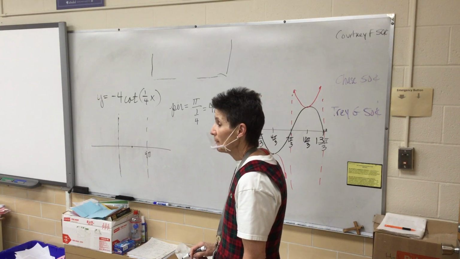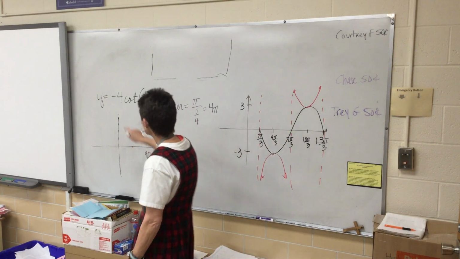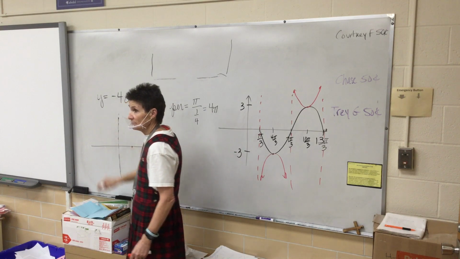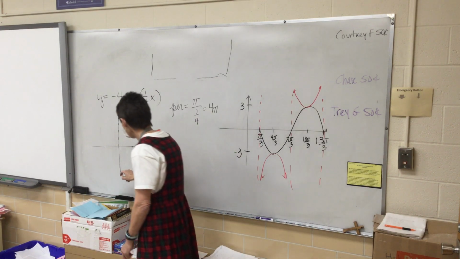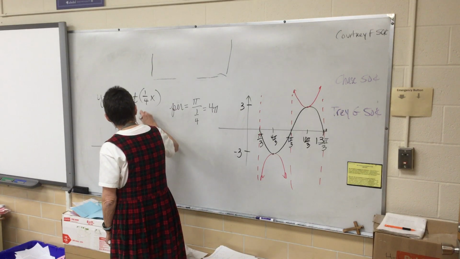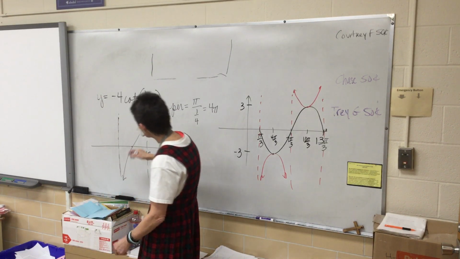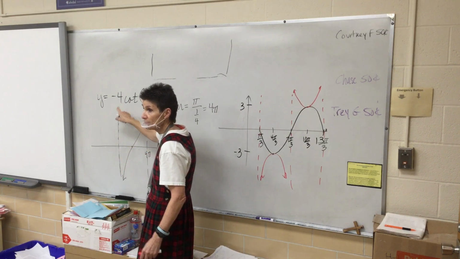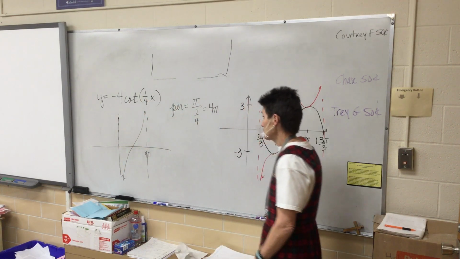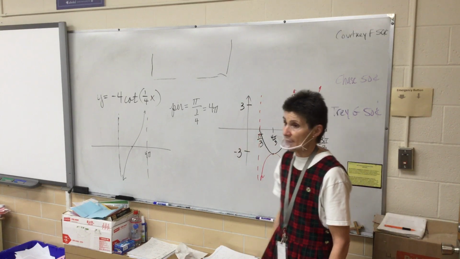Now I'm going to sketch in my curve. Be careful. It's a negative cotangent. So it actually is going to have the shape of a tangent. And I kind of, on my own, made it steep, not very curvy, because that's a 4. It's a big number. It straightens it out. But that's what it looks like.